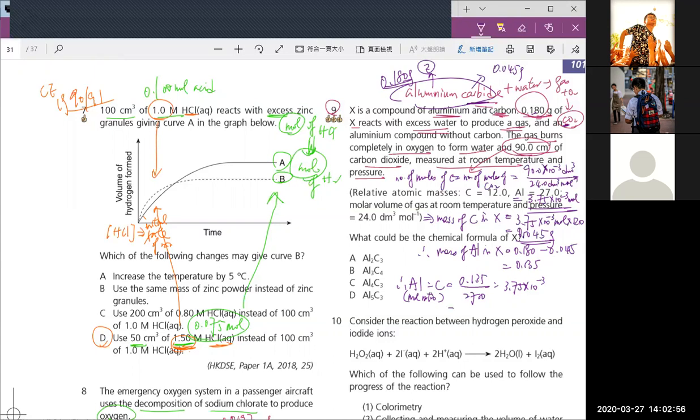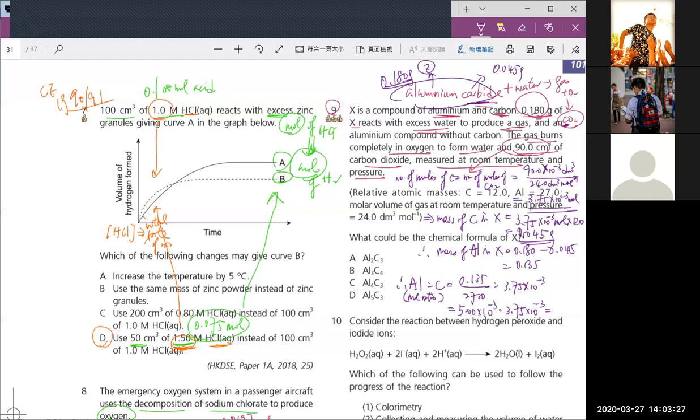So what do we get? 0.135 over 27. Here comes 5.00 times 10 to the power minus 3 to 3.75 times 10 to the power minus 3. So this is 5 over 3.75.